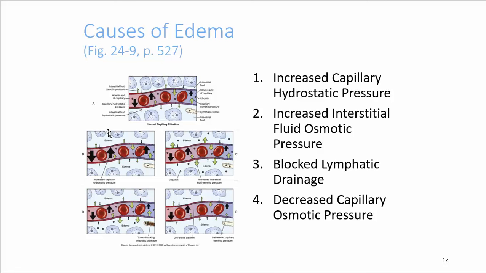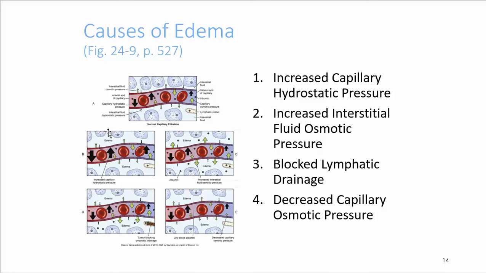But as we know, in the inflammatory state, proteins leak out and go into the interstitium, and that will increase the interstitial fluid osmotic pressure, which will draw fluid out along with the hydrostatic pressure, and we'll end up with more interstitial fluid, edema.